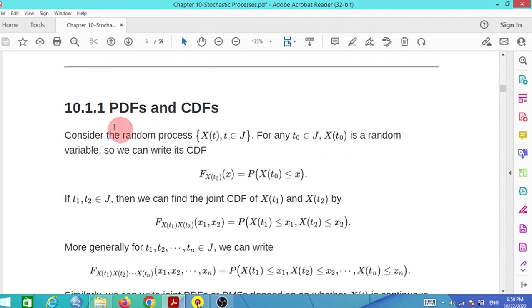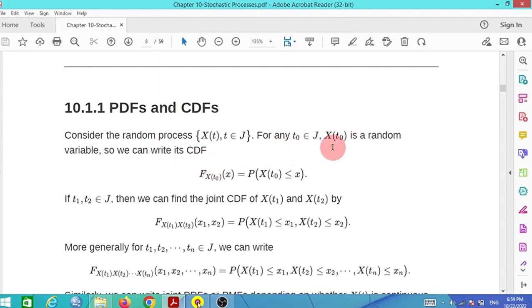We can define the probability density function. If x is discrete, we can define the probability mass function.